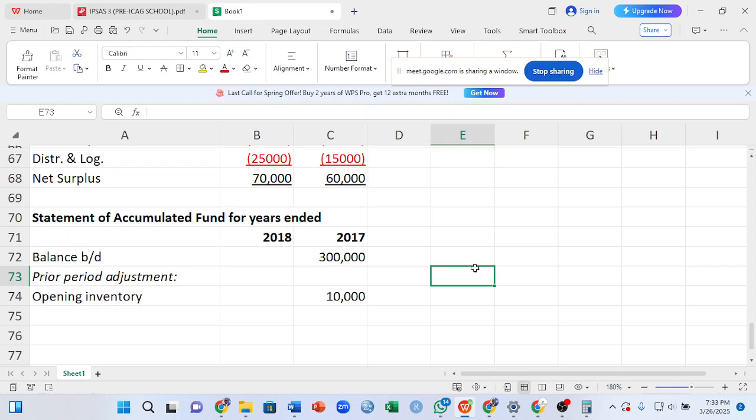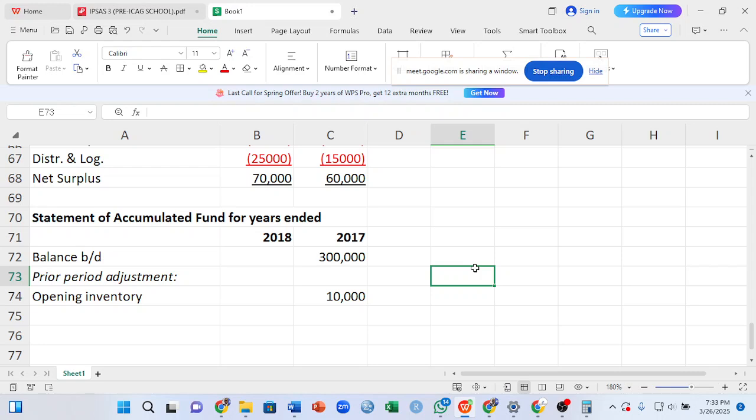It means that when we use the work method, we arrive at a surplus of 300,000. By saying that because we changed from the work to the FIFO, it means that this 300,000 does not have the 10,000 of opening stock in it.